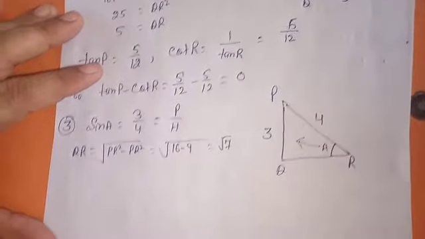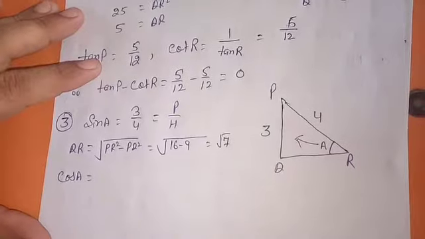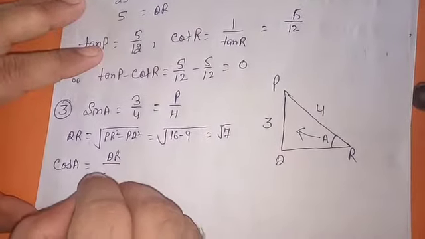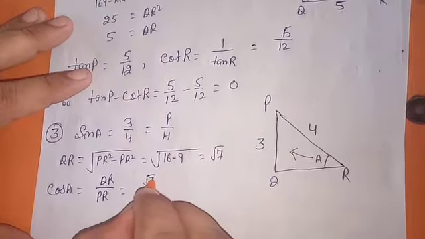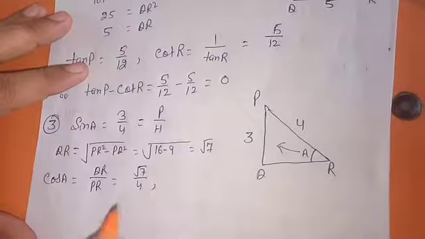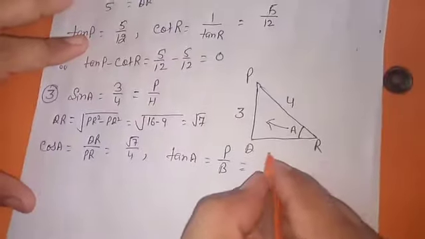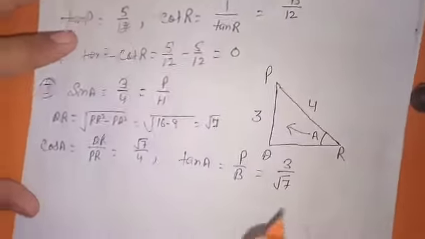So find out cos of A. Cos of A means what? QR by PR, root 7 by 4. Tangent of A is perpendicular by base. Perpendicular is 3, base is root 7. So this is the answer.